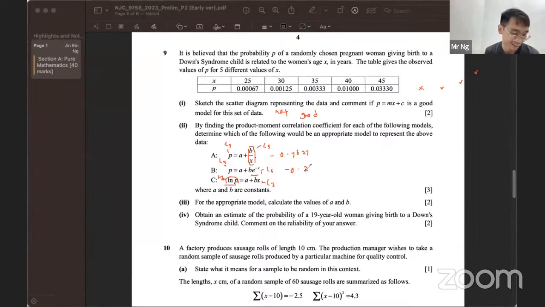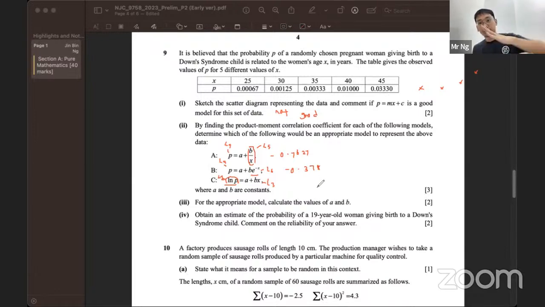Okay, I forgot whether product moment correlation is R squared or R. So let me get the formula sheet. Which is where I got this as minus 0.8378.